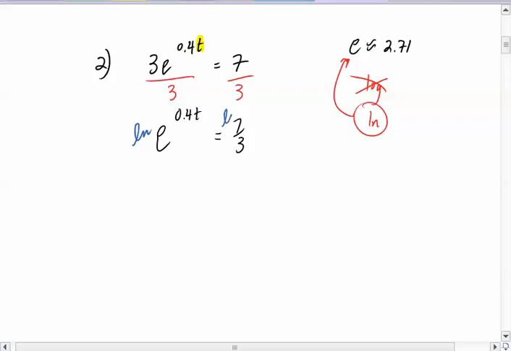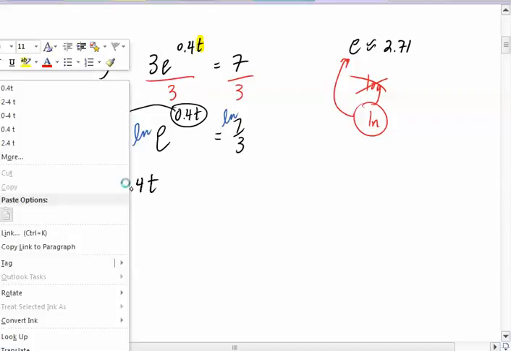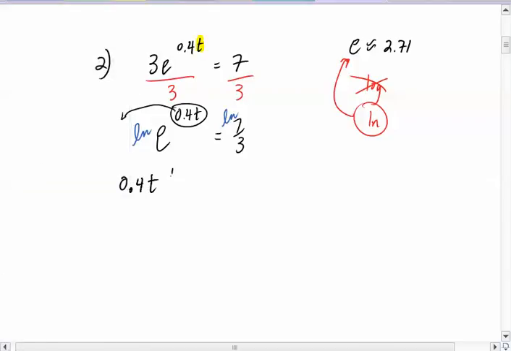Natural log. This allows me to bring the exponent around to the front. That's 0.4t times natural log of e, and then I get natural log of 7/3 on the right.